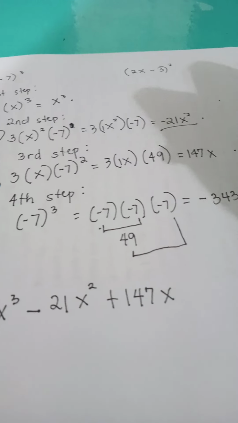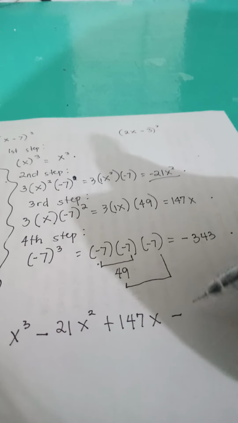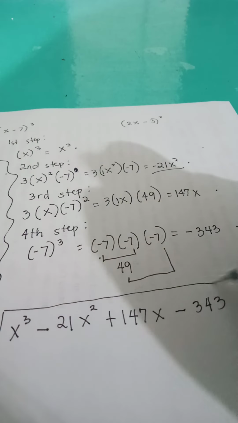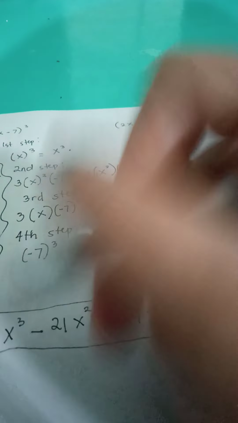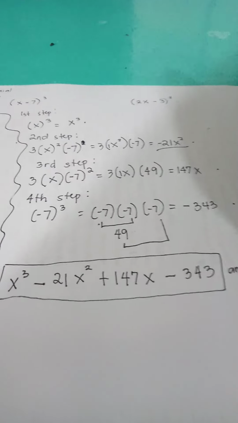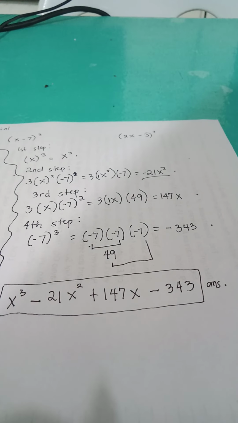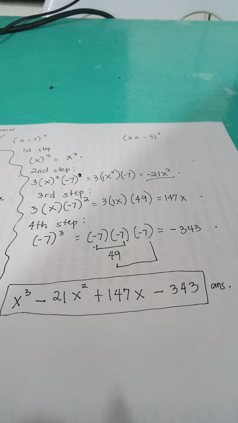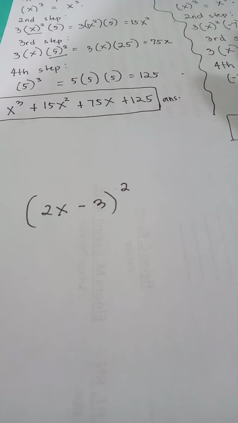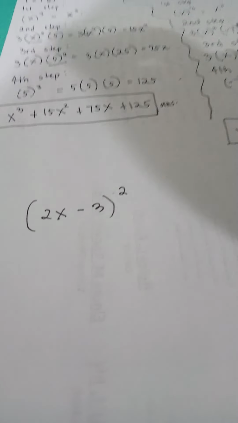And then, minus, kasi negative yung 343. So, minus 343. So, this is now our final answer. Yan. x cubed minus 21x squared plus 147x minus 343.